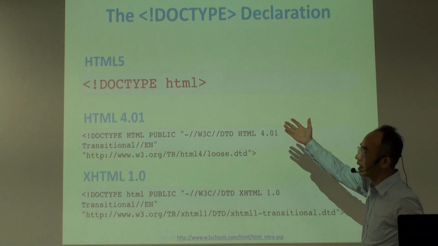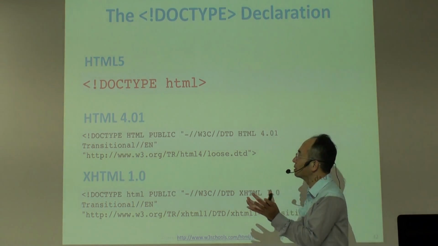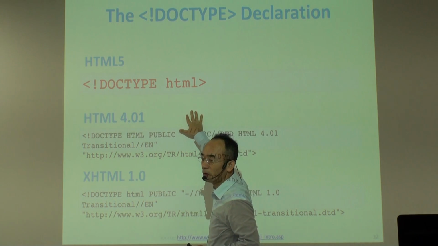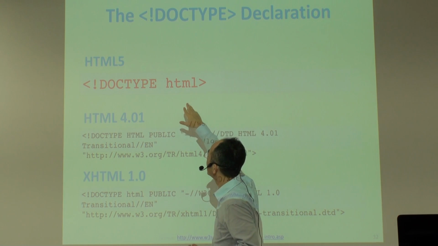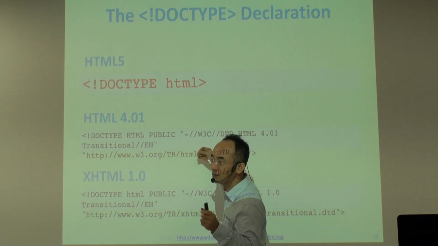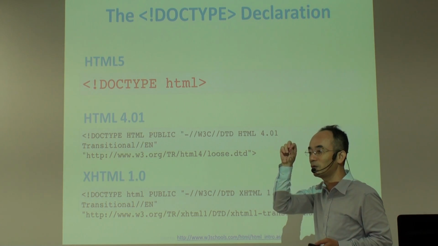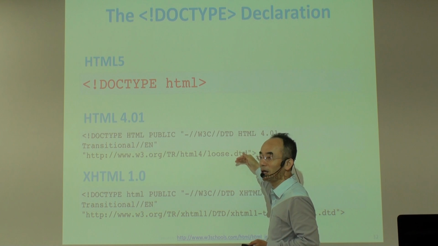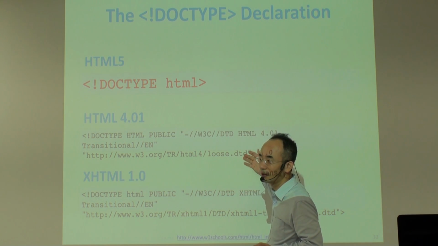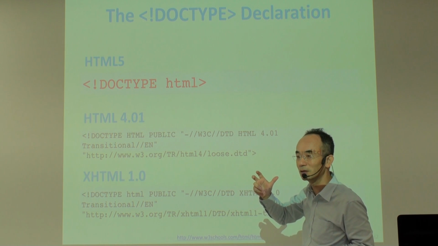But HTML5 is clear, concise, and simple, with the elegance of simplicity. Doctype html, that's it. So next time when you read a web page declared like the older ones, it is not HTML5. This is HTML5. That's a major difference.